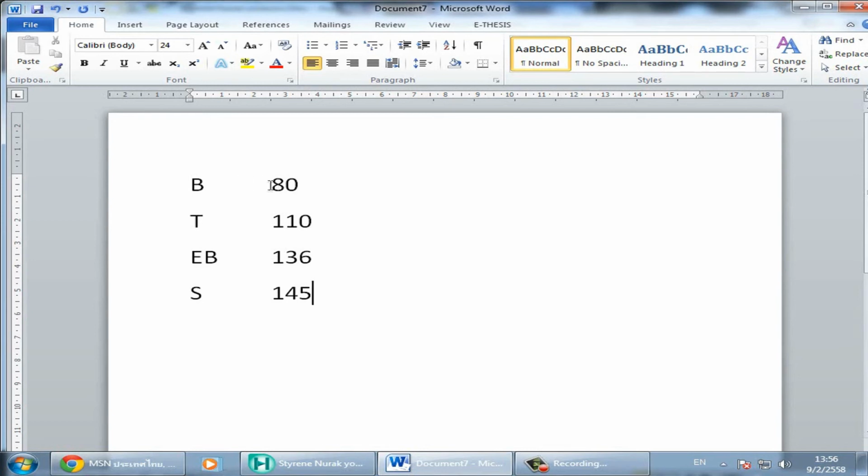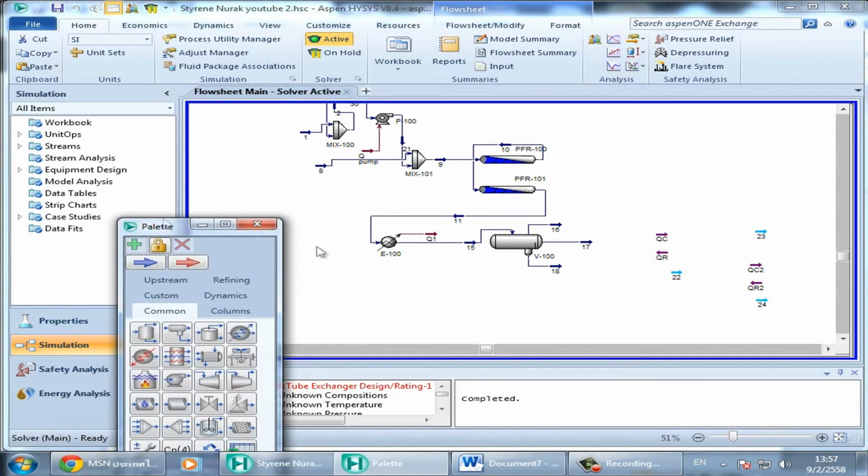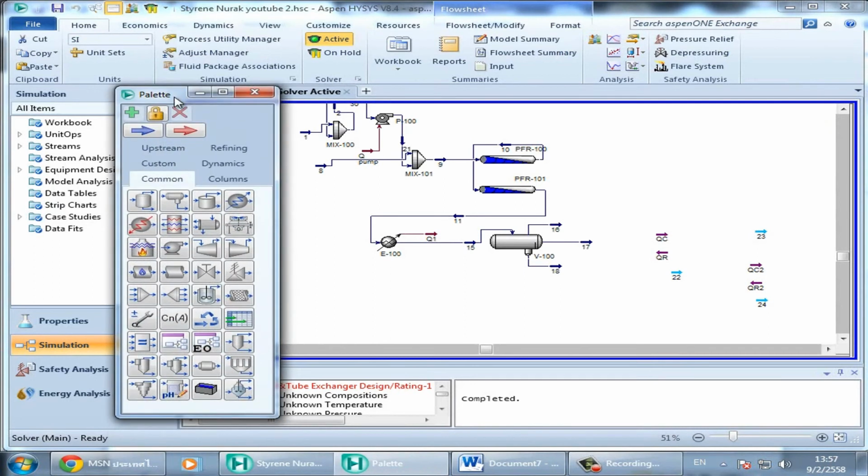The boiling points of all these are 80, 110, 136, and 148 approximately. So in the first column, we start with using the shortcut.